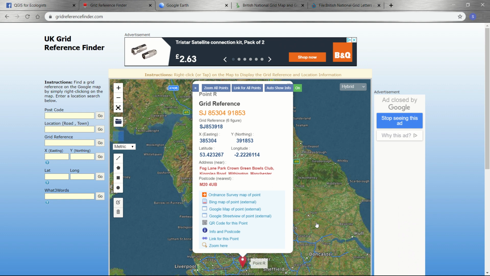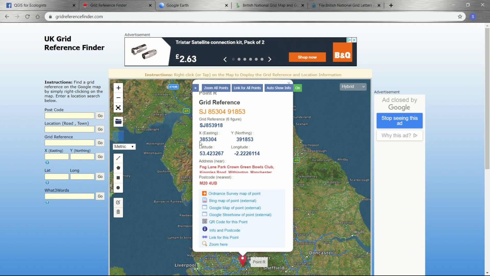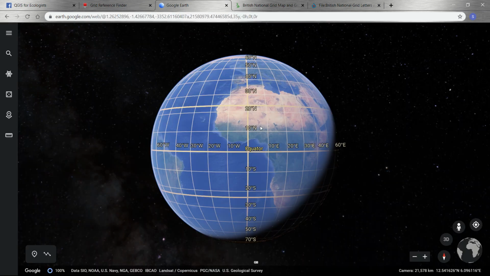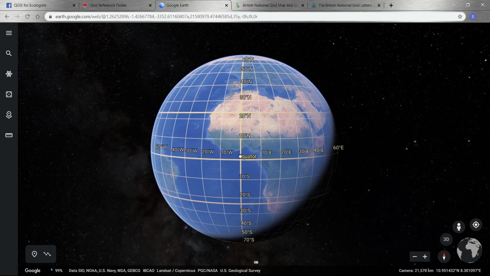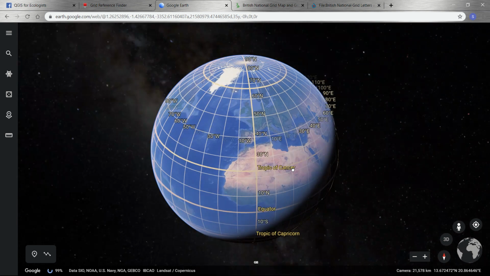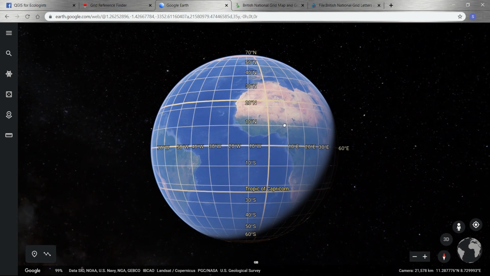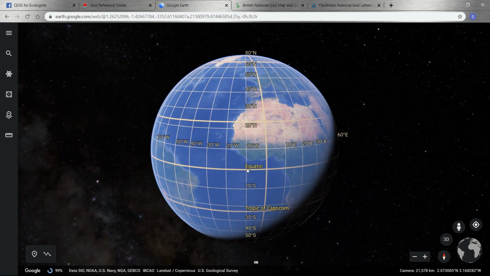So going back to the Manchester Park, we've got latitude coordinates, decimal numbers, starts with a 53, the latitude, -2 for longitude. So if we go to Google Earth, which will give us a good view of the whole planet. So latitude starts at the equator, runs north and south in these parallel bands.